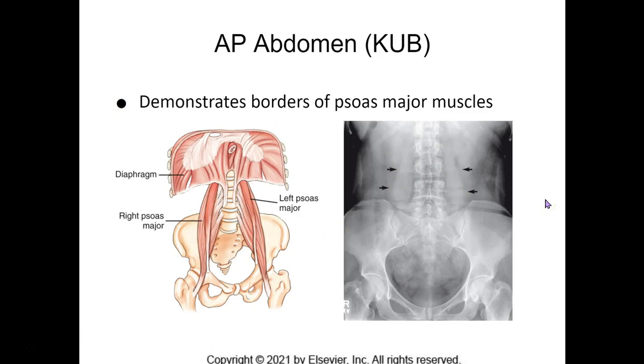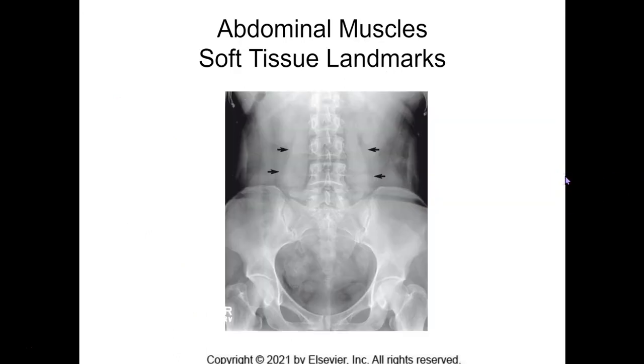The lateral border of the psoas muscles should be faintly visible on a diagnostic abdominal radiograph of a small to average size patient when correct techniques are used. So let's take a close-up look here of our psoas muscles. You can see the black arrows here are pointing to the margins of those muscles.